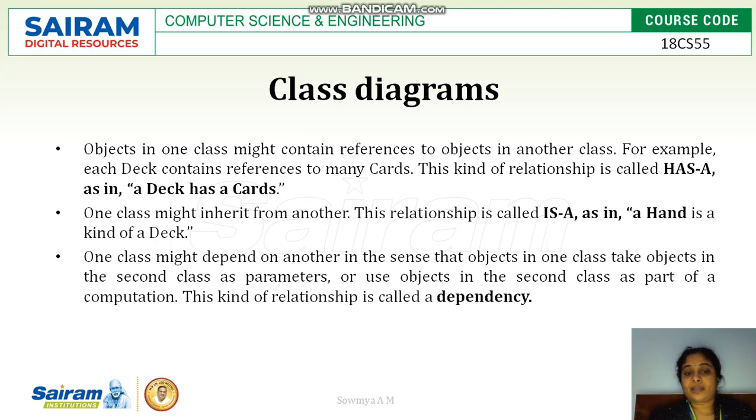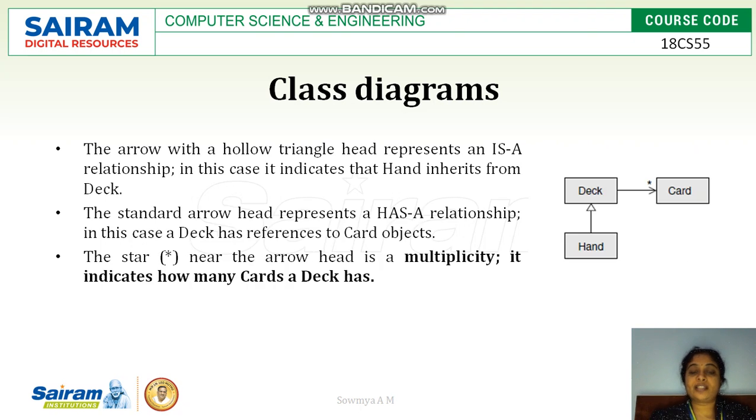One class might depend on another class in the sense that an object in one class takes an object in the second class as a parameter, or uses objects in the second class as part of a computation. This kind of relationship is called dependency.